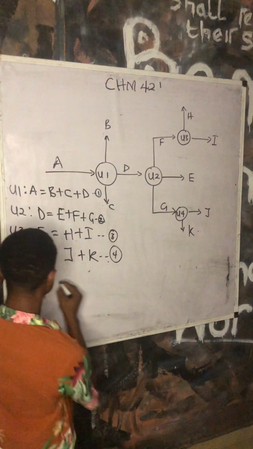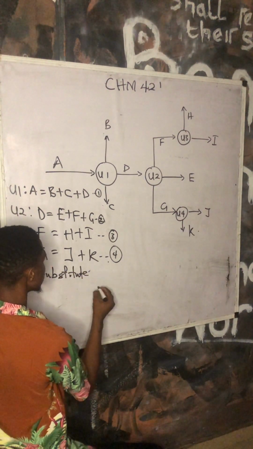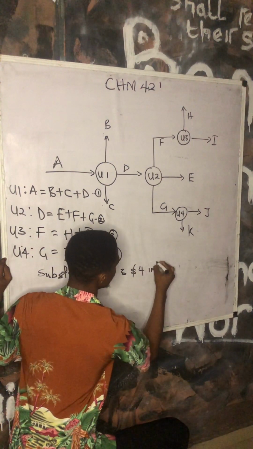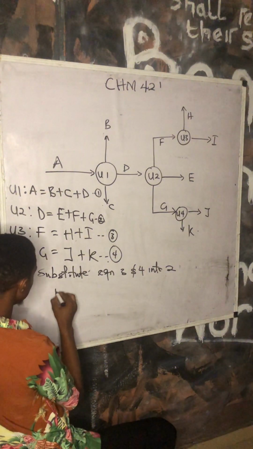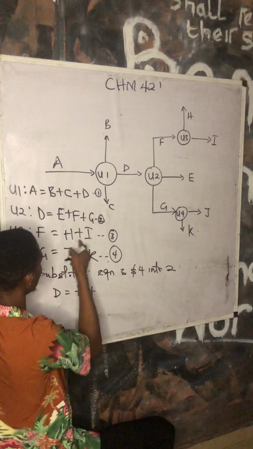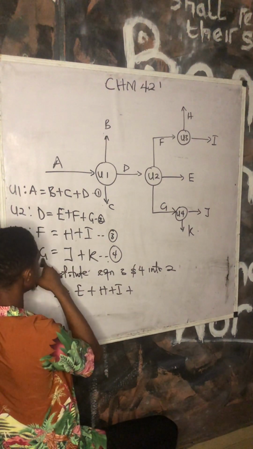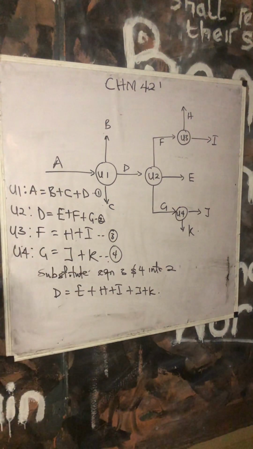So with that, I will say substitute equation 3 and 4 into 2. So I will now have D equals E plus, instead of F, I will now write H plus I, plus, instead of G, I will now write J plus K.